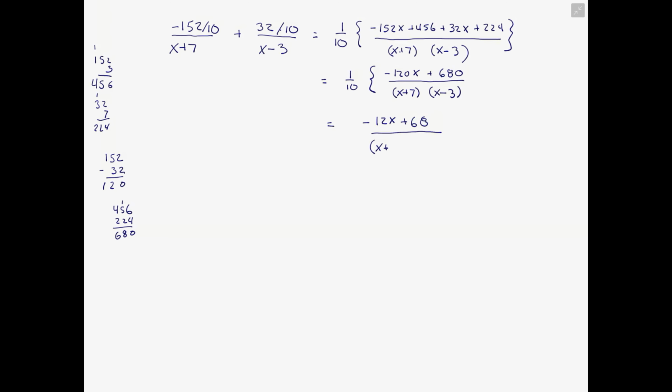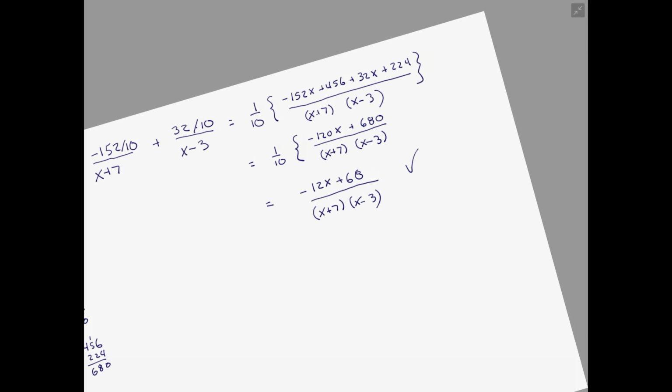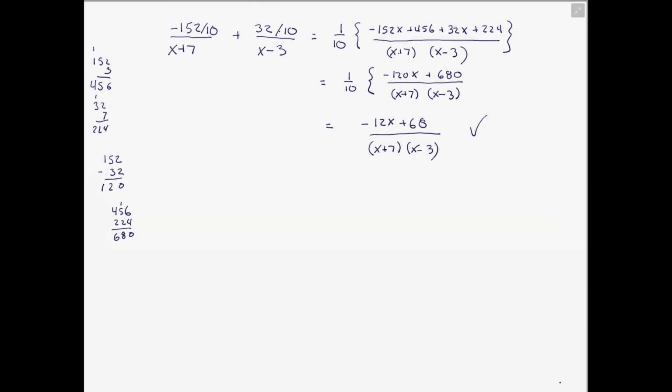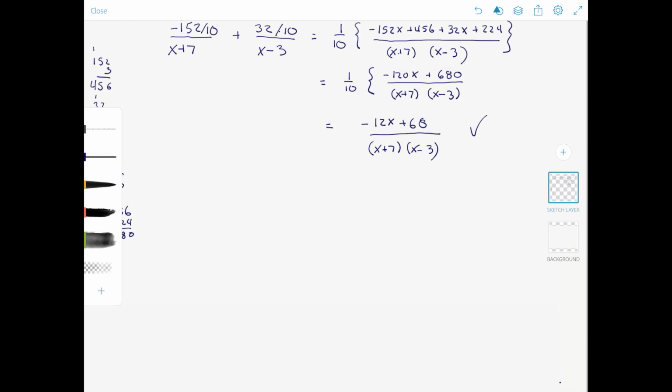And with the 1/10, we have minus 12x plus 68 over x plus 7, x minus 3. And that's exactly what we're looking for. Oh, and that is not exactly what I want, to have the screen go cockeyed on me.